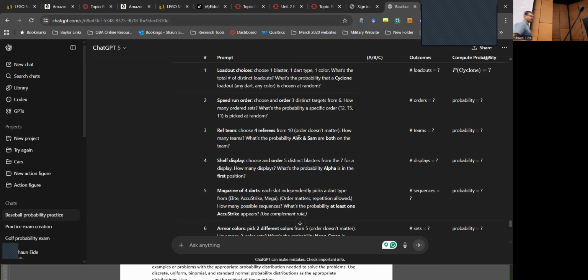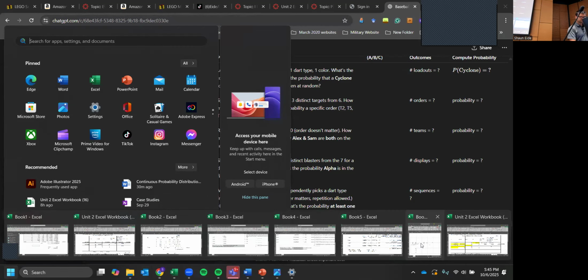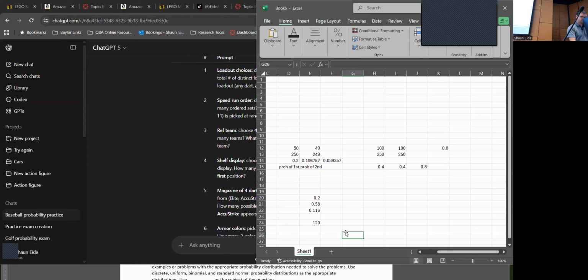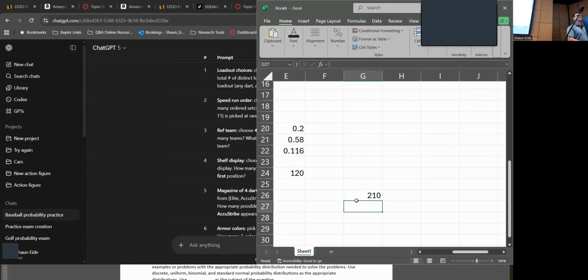I'm going to go into Excel. Okay, equals. What do I do? So how many possible outcomes are there? 210 different teams that you can make of 4 out of 10.